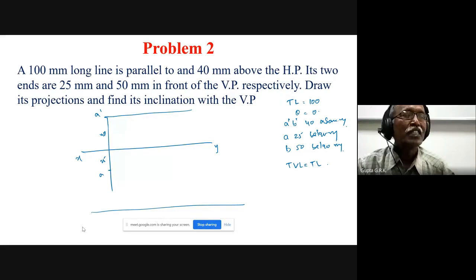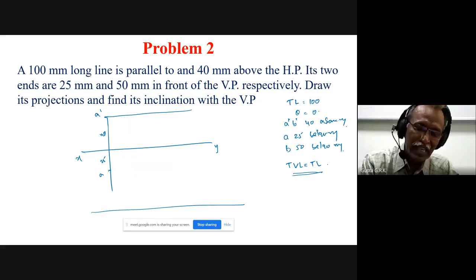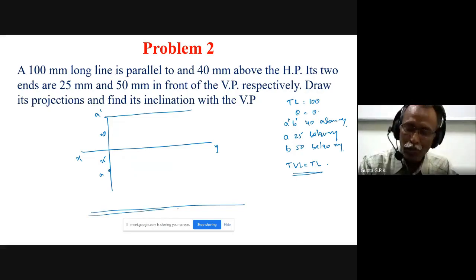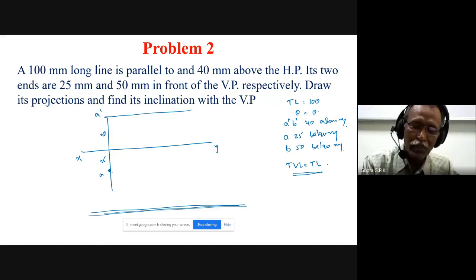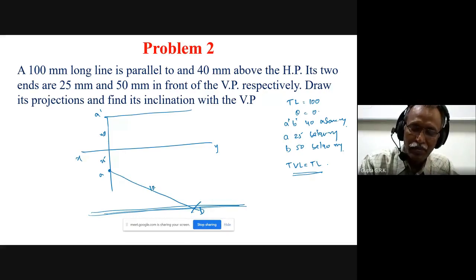And which gives me true length? Top view is equal to true length. So AB is true length. A is already known and B should be on this line. So I take 100 from A and cut this line with 100.